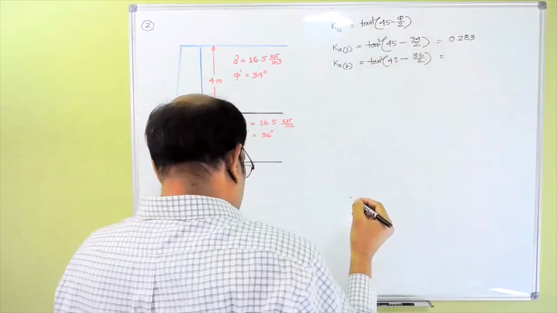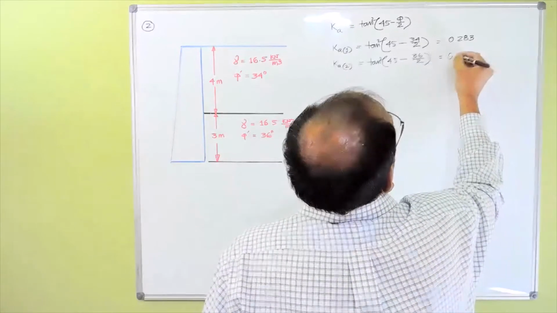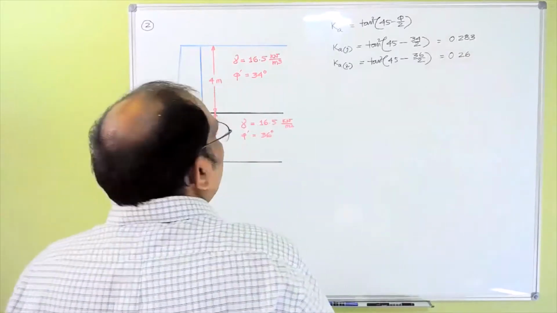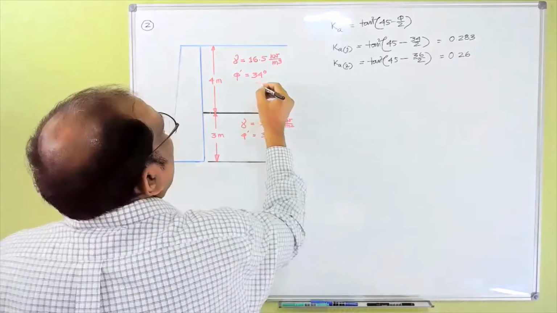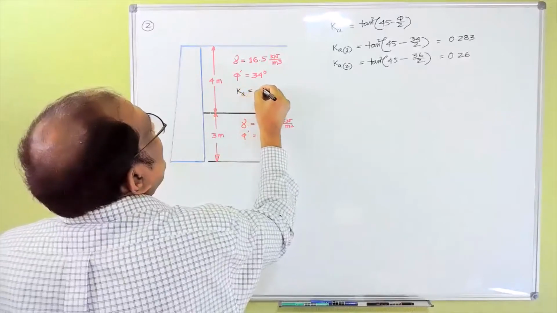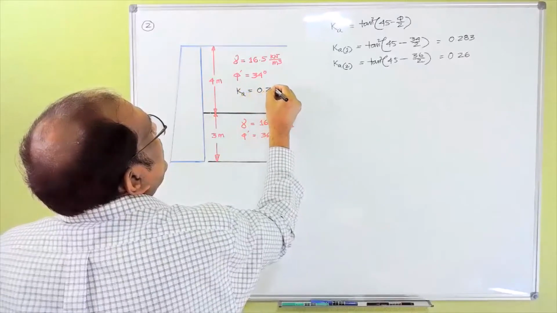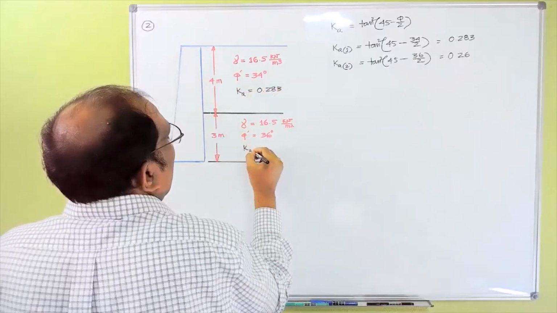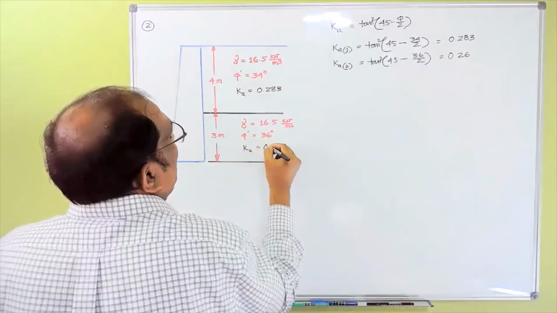So this one is actually 0.26. Okay, so let me write it down here that your Ka here is 0.283 and Ka here is 0.26.